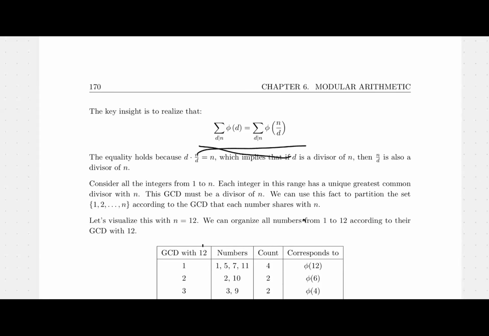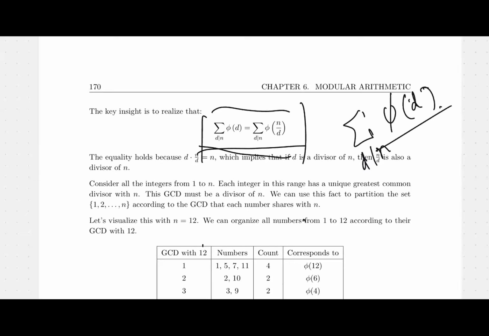We are interested in phi of d. We know that this number is nothing more than this number.